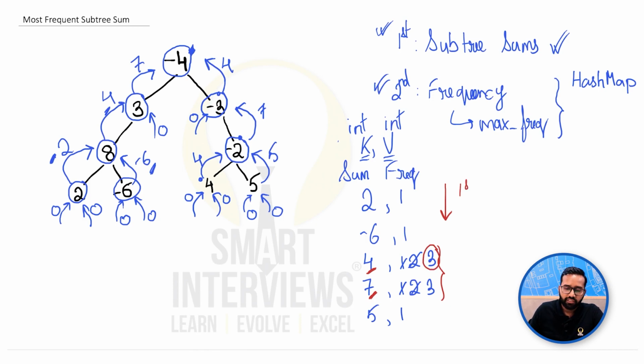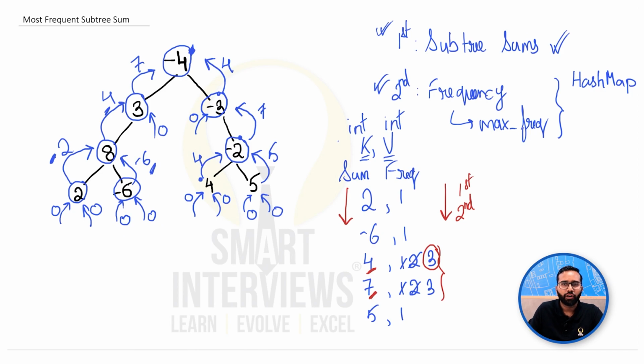That will be our first iteration. Then we can iterate on the entries of the hash map. We can match which of them has the highest frequency, which is 3, and we can extract all of them into a separate list. That can be our second iteration.